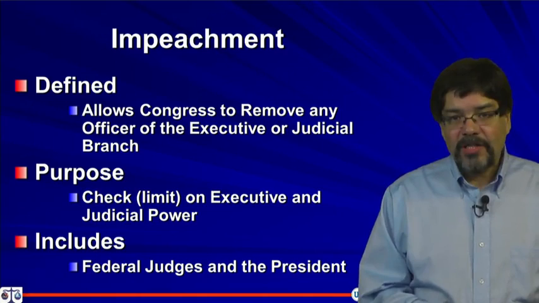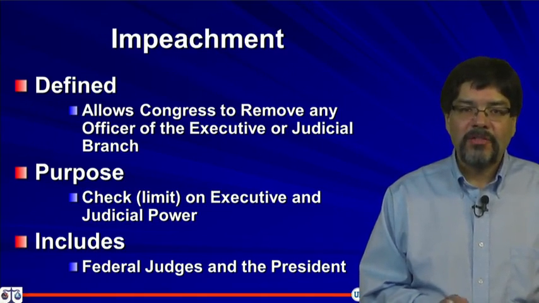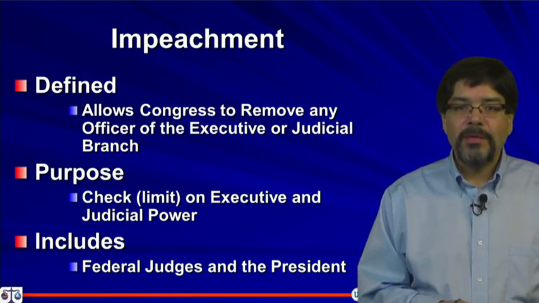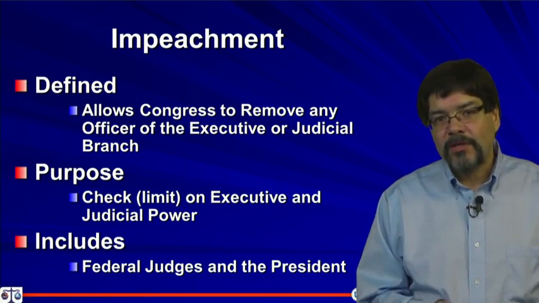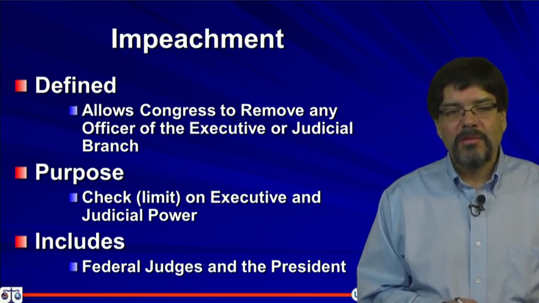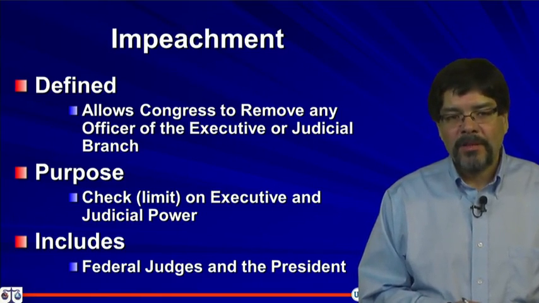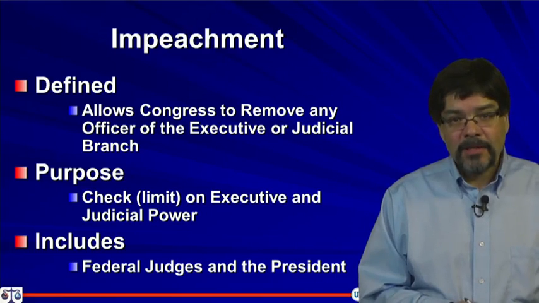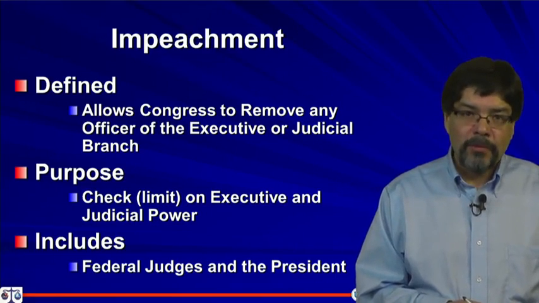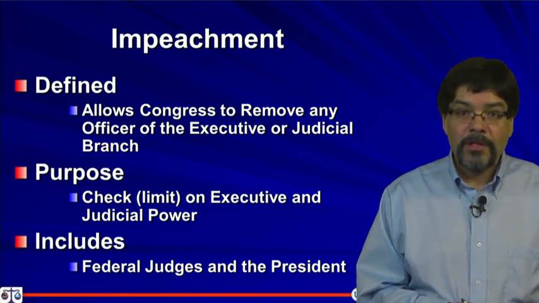This is another kind of check that allows the legislative to limit what it might consider overreaching, an excess in power by the other branches. And it specifically applies to federal judges and to the President of the United States.